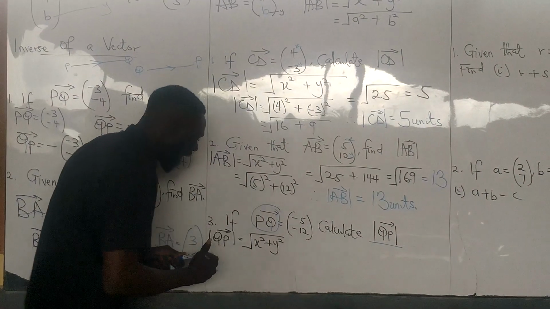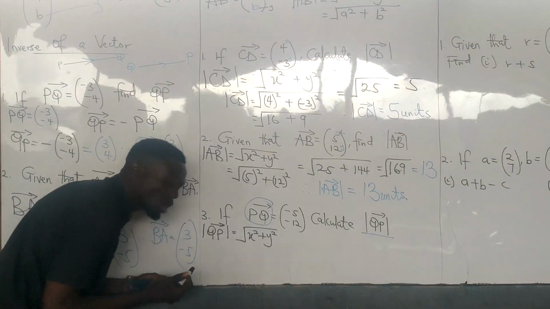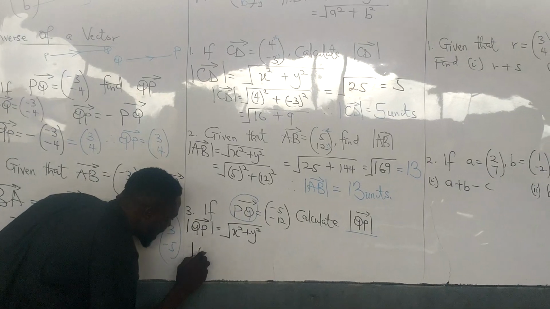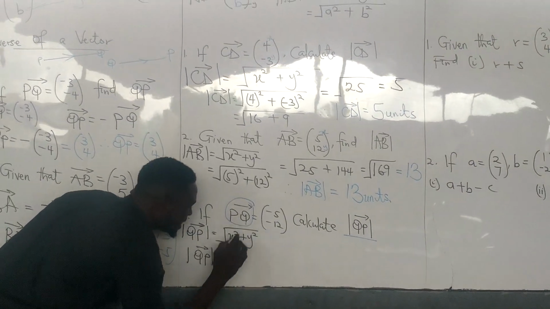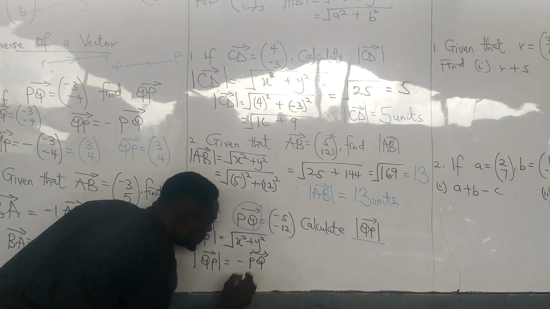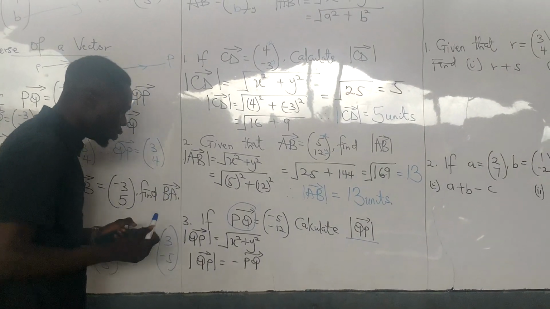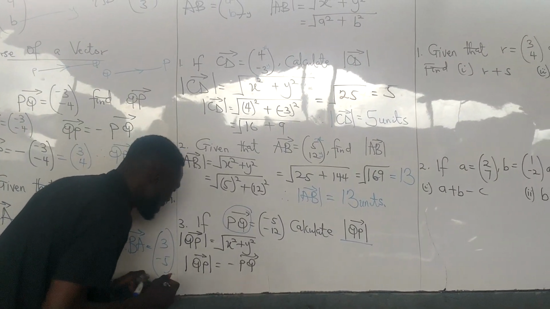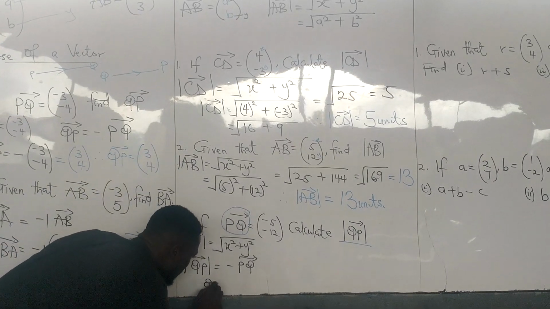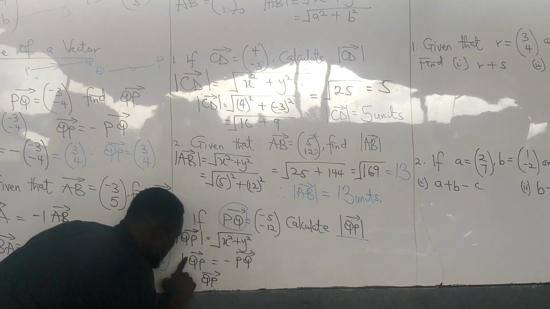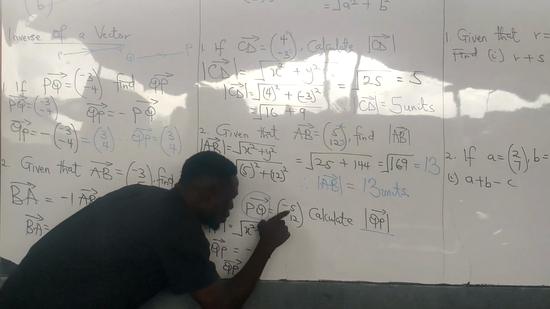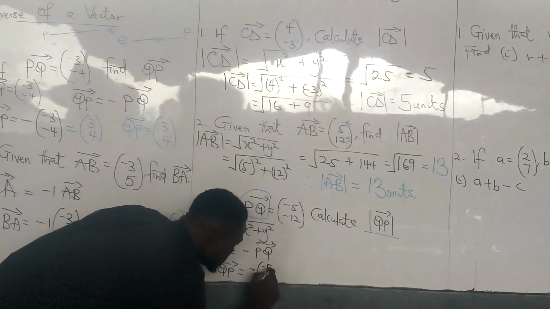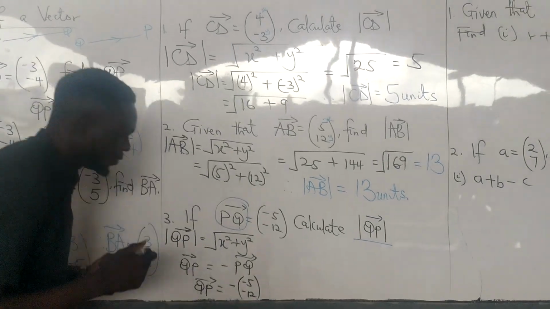So, I have to first solve for the component of vector QP, which is the same as negative the given vector. So, vector QP is equal to negative PQ. What is PQ? -5, -12.